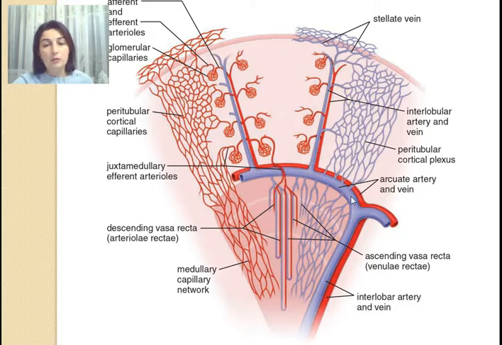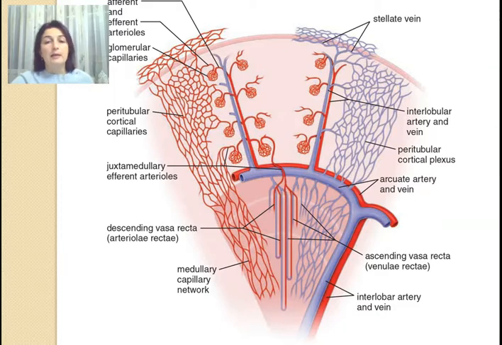By that way, we talked about the blood supply of the cortical nephrons, but we also have the blood supply of the juxtamedullary nephrons, most of which are located at the junction between the cortex and medulla. In this case, the flow of blood up to the interlobular arterioles is the same as it was for the cortical nephrons. But in this case, there is some difference.